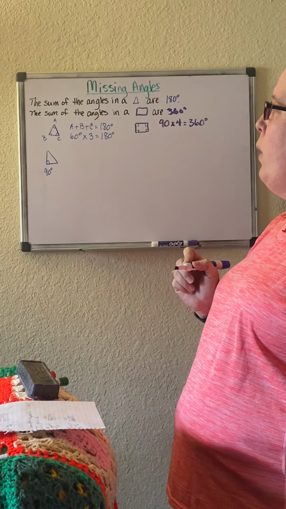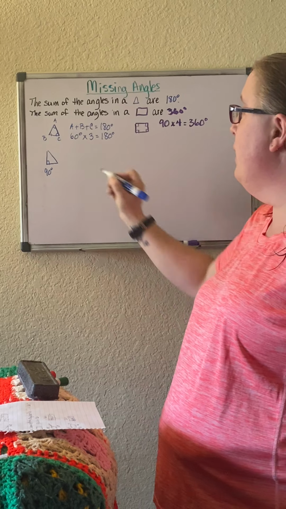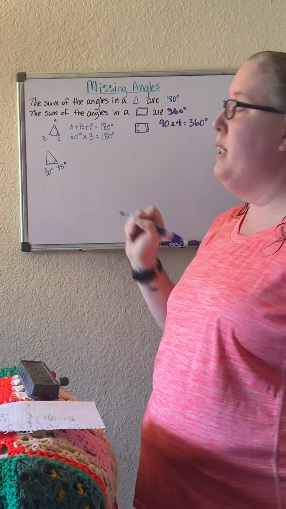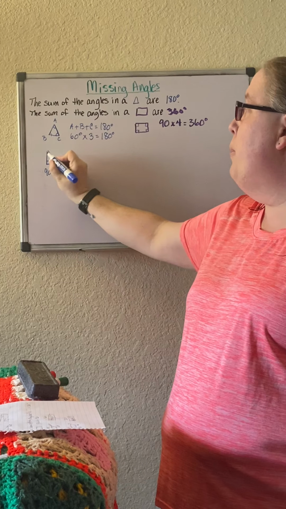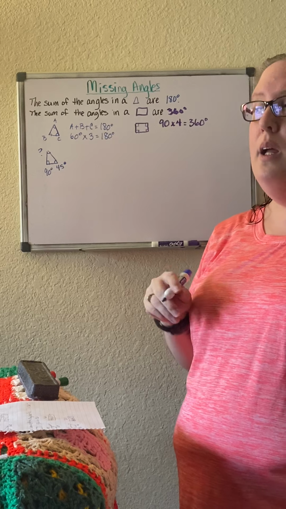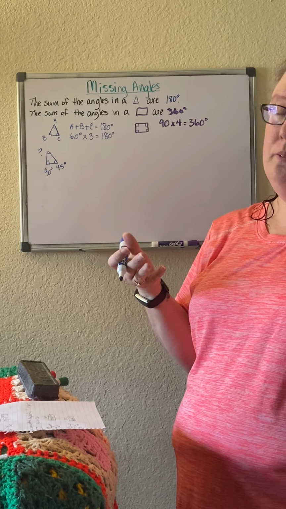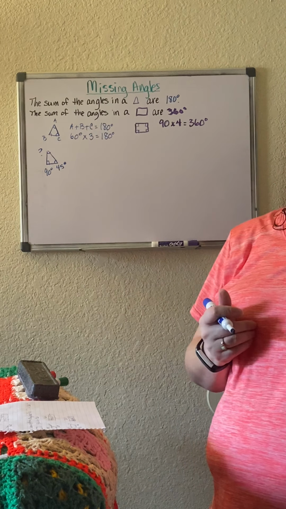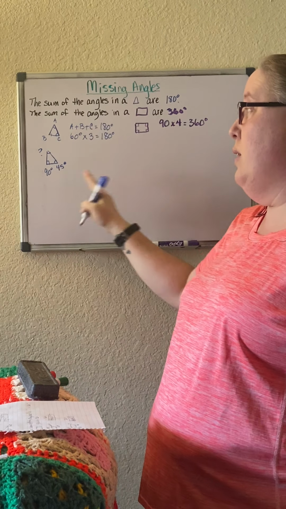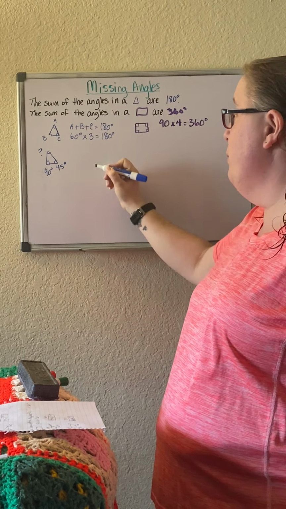Let's say that this angle right here is 45 degrees, but I don't know this angle. I need to find that missing angle. Now, you know I like strip diagrams, and so I am going to use a strip diagram to illustrate how you can find the missing angle.